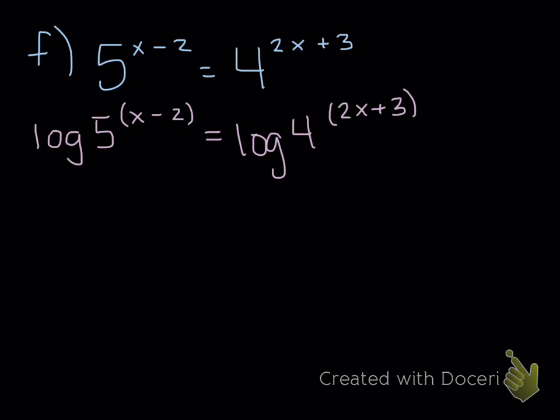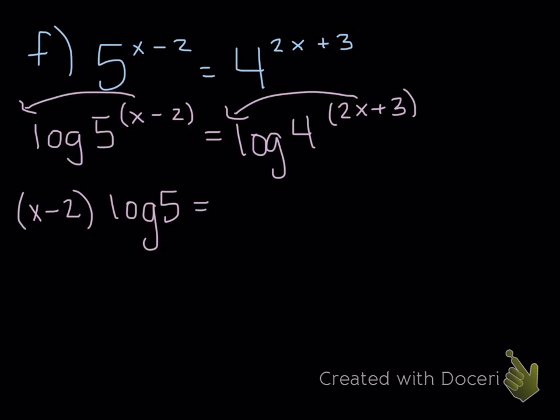And now in the next step, we're going to apply our power rule. The power rule says that these exponents are going to come out front. So I have this quantity of x minus 2 times log 5 equals the quantity of 2x plus 3 times the quantity of log 4. And in order to solve for x, I've got to distribute these logs in so that I can move my terms around.